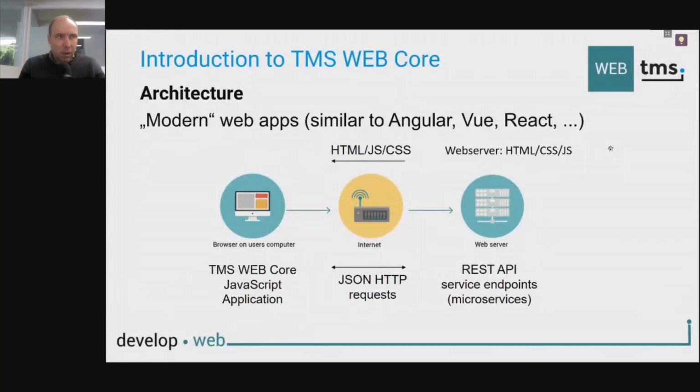As these are all standard web file types, you can use any web server to deploy these files to. Whether it's IIS, Apache, or some more exotic web server, all these web servers will do. If they can serve an HTML page and JavaScript, they will be able to serve a TMS WEB Core application.